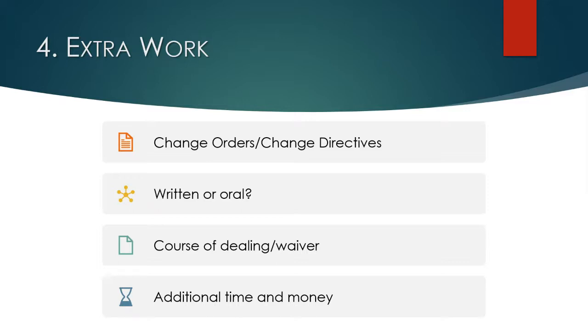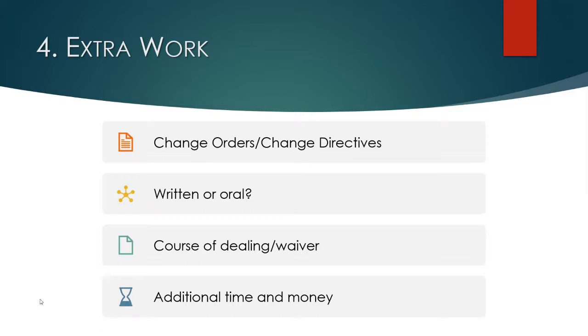But these are mini contracts. And a lot of people don't appreciate the fact that these can change the contract. They can have drastic results if you don't pay close attention to what exactly the change orders say. They can be in writing.